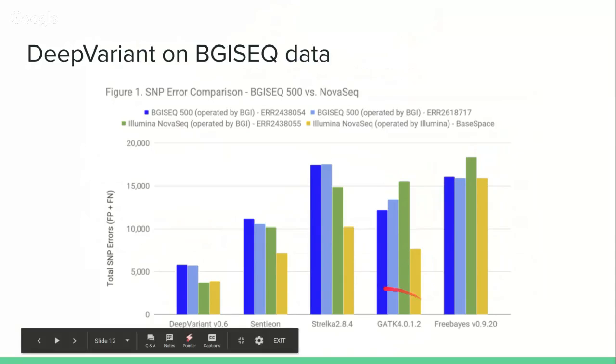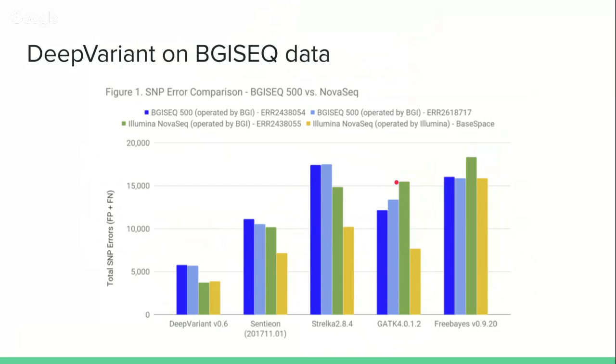And here, for example, GATK and FreeBayes sometimes get it wrong more times with Illumina technology than they do with the BGI SIG technology. Obviously, the quality of these samples, Illumina NovaSeq operated by BGI, can vary and can produce different results.